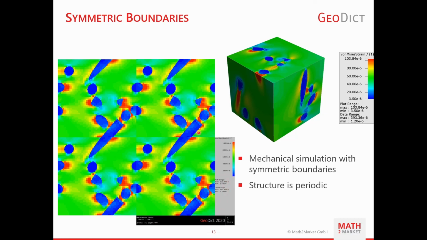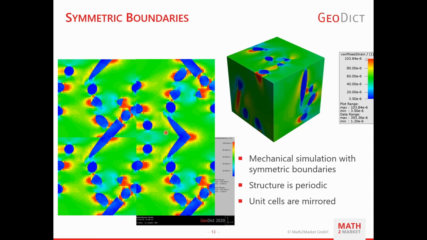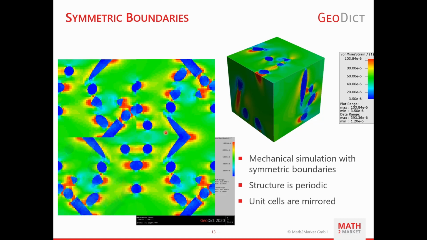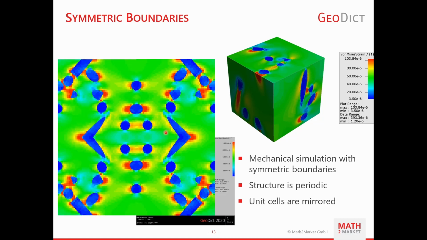And from these jumps in the strains, you can see that obviously the structure was not repeated to emulate the boundary conditions here during the simulation. So what happened? What happened is that the structure was mirrored. You can see that if you mirror the unit cells, the strain distribution looks quite perfect. The disadvantage of that is GeoDict also needs to keep these mirrored structures in memory somehow, so thereby the runtime increases.